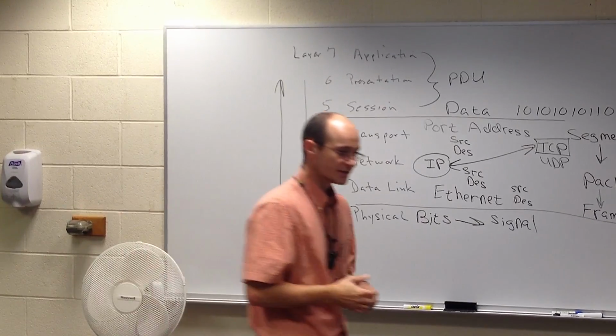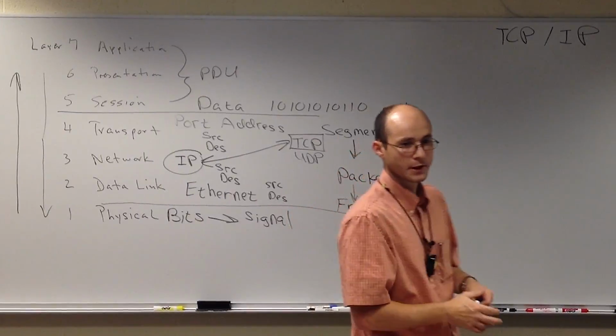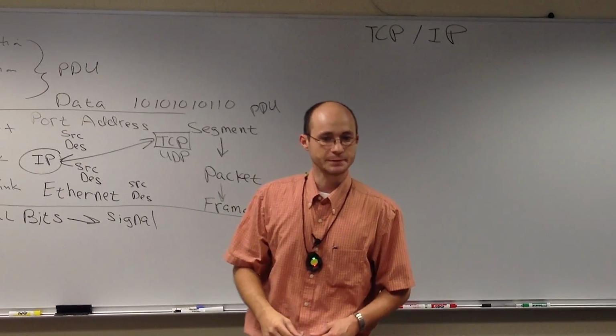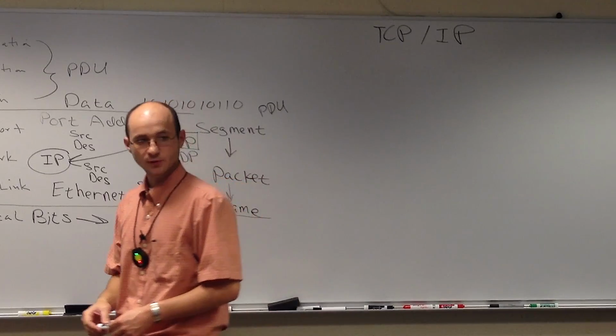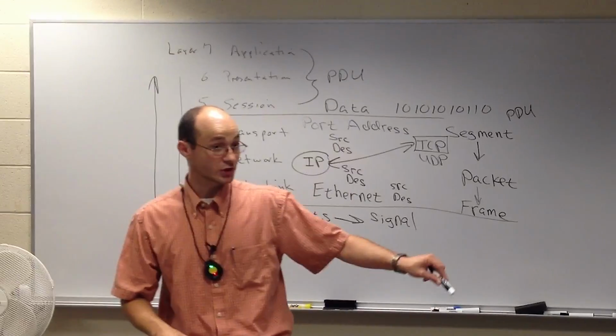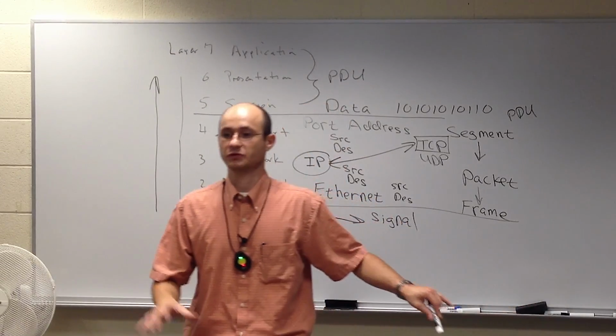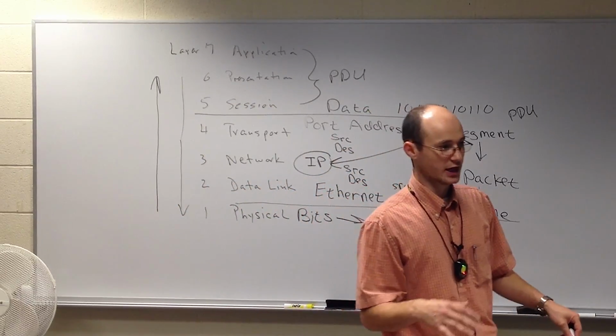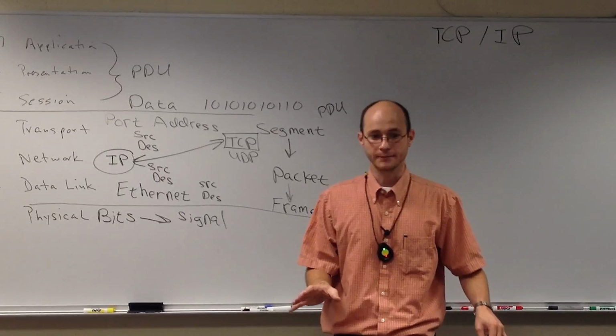Because the people that developed the internet focused on two protocols and only two protocols, TCP/IP. They needed to make sure the data was reliable because back when it was called ARPANET, everything was very sensitive. It was all research.